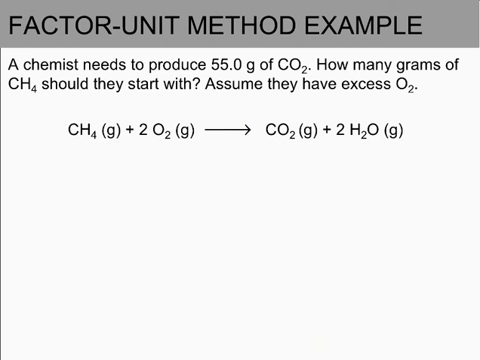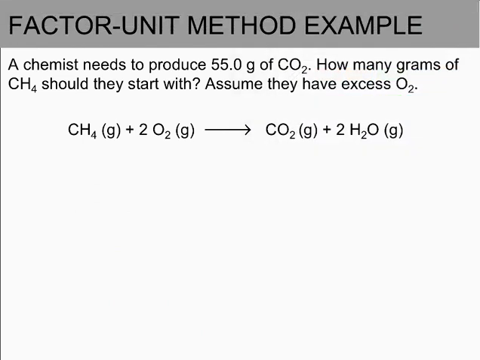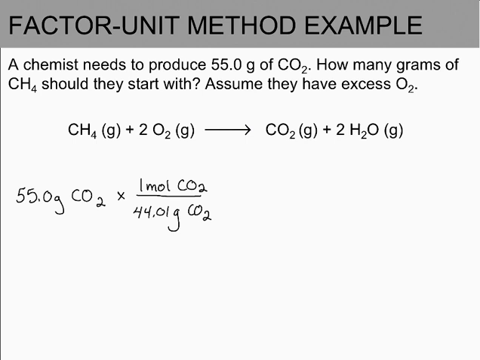All right, so let's put this all together. Starting with our 55 grams of CO2, which is what we want to produce, we're going to convert that to moles using the molar mass that we calculated. So we'll put 1 mole of CO2 in the numerator and 44.01 grams of CO2 in the denominator.